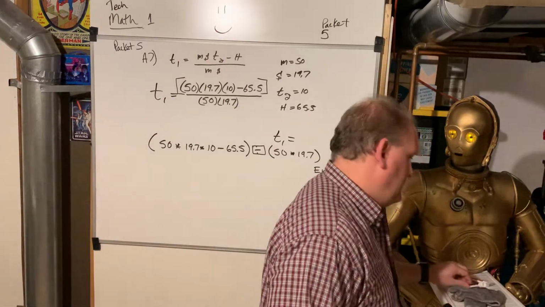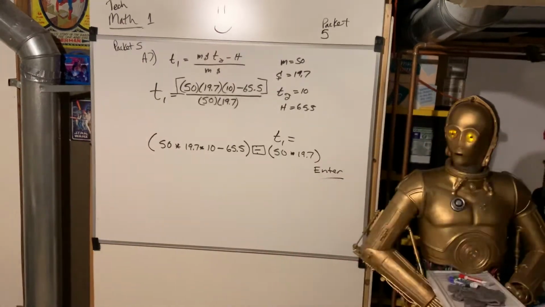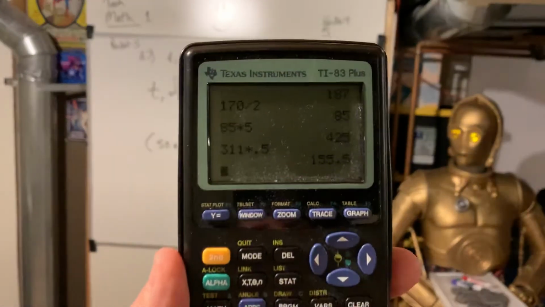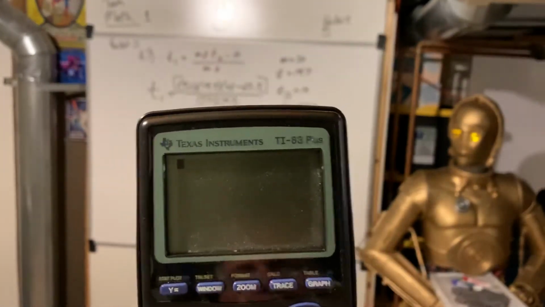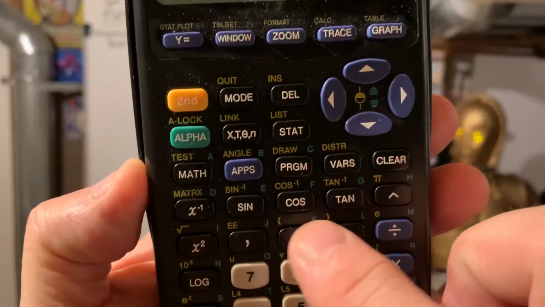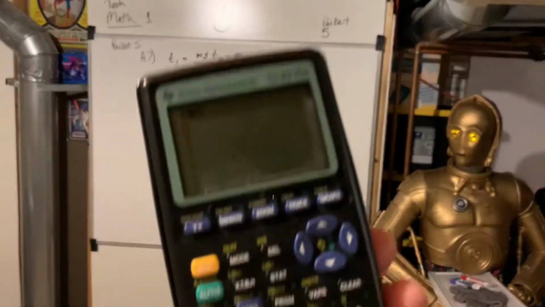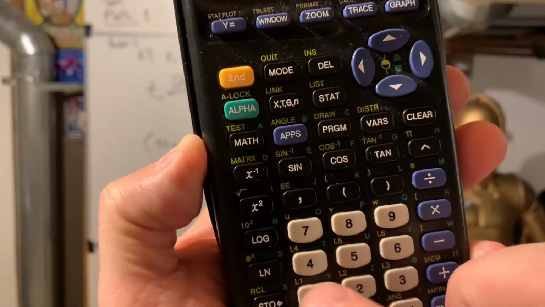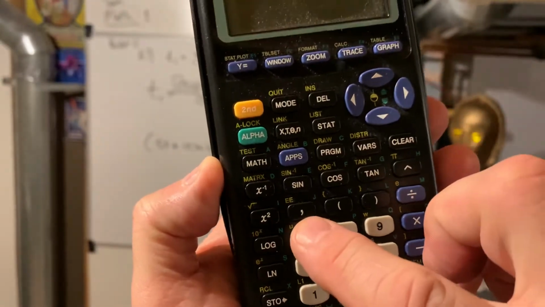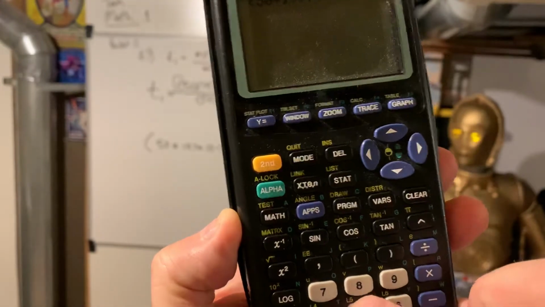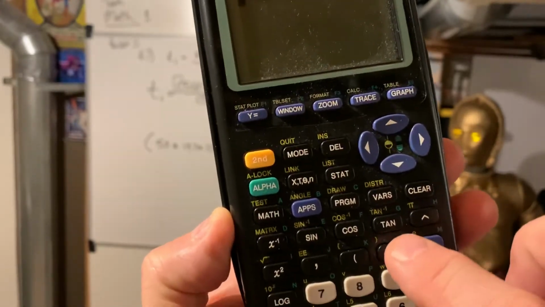Let's take a look at what that looks like on a calculator. So 83, 84 is what I expect that you have, or plus, or sometimes it has silver edition. They've got a few more bells or whistles. I think the newer ones now are color. So we would hit, there is the parenthesis button right there, parenthesis, and then 50 times 19.7 times 10 minus 65.5 end parenthesis.